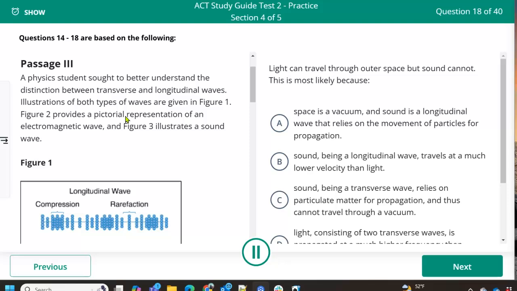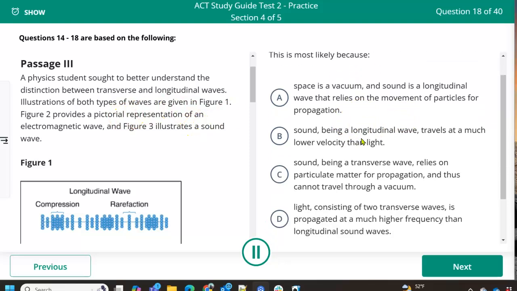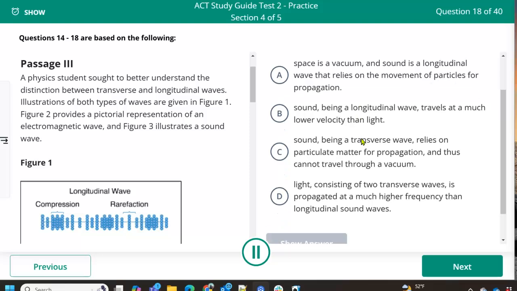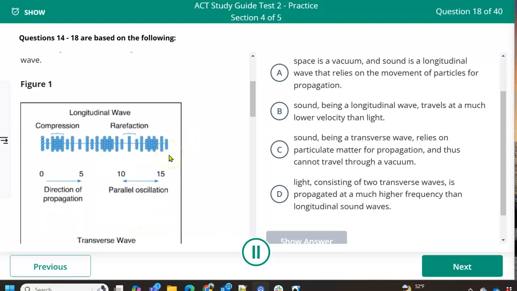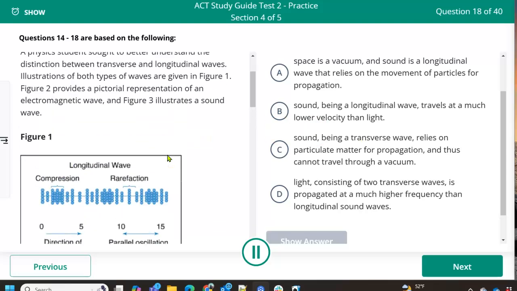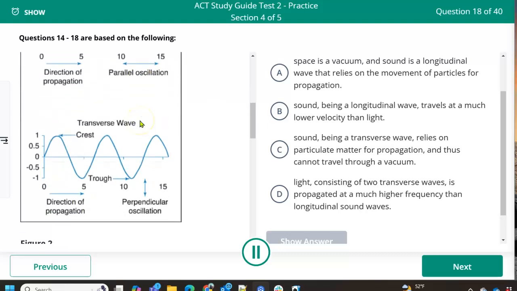Light can travel through outer space, but sound cannot. This is most likely because space is a vacuum and sound is a longitudinal wave that relies on the movement of particles for propagation. Well, hold on a second. Where do we see a sound wave here?